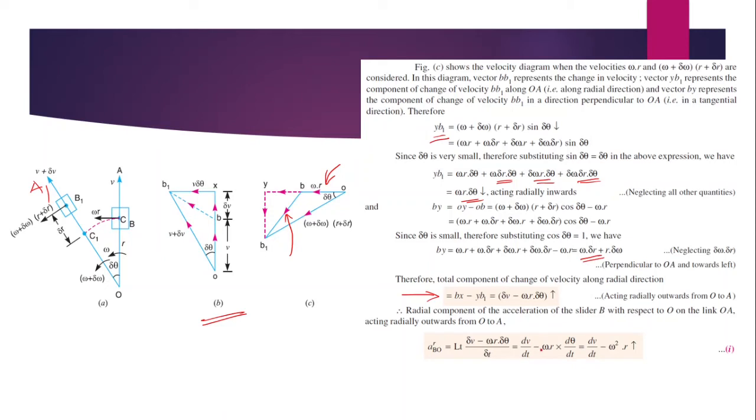That's equal to dv by dt minus omega r into d theta by dt. Here d theta by dt is equal to omega. So the total radial component of acceleration of B with respect to O is equal to dv by dt minus omega square r, in the outward direction.